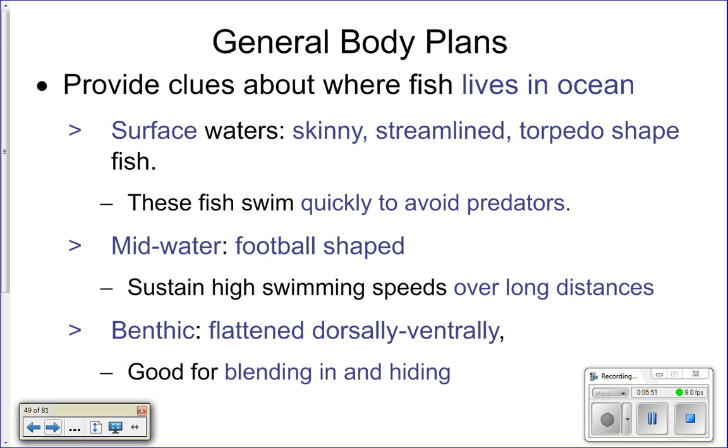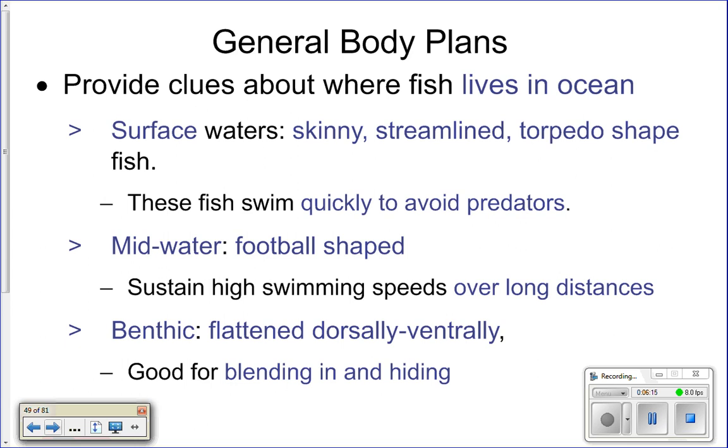So a lot of bait fish, like herring and anchovies and sardines, are going to be this torpedo shape in order to get away from predators easily because they need to swim fast. So if you see a fish, you don't know anything about it, and it's torpedo shaped, it probably lives in the surface water and needs to swim fast to get away from predators.